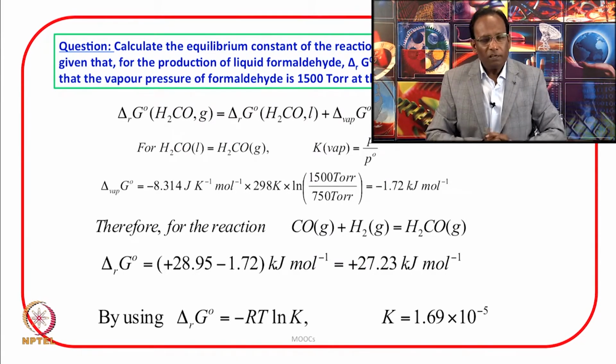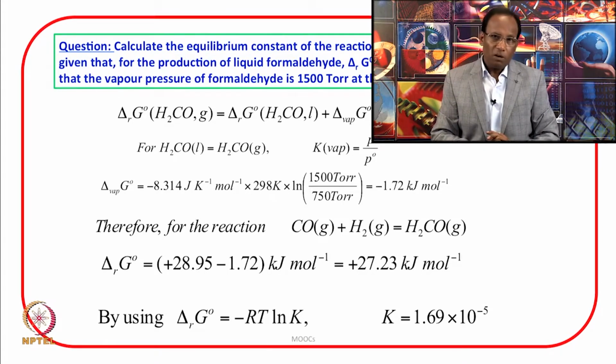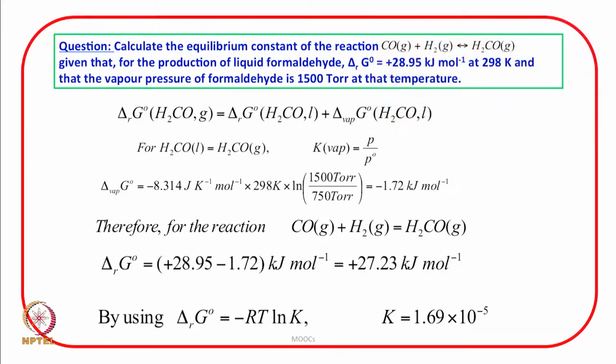So, what we notice here is that equilibrium constant depends upon the temperature, and it will depend upon the temperature only if the standard enthalpy of the reaction is a non-zero number.